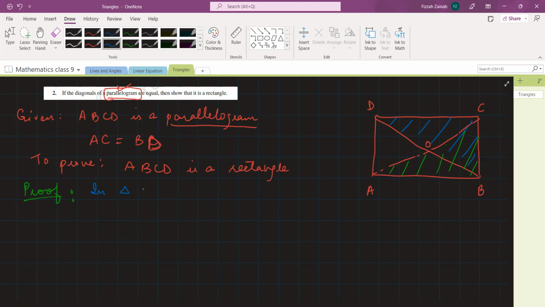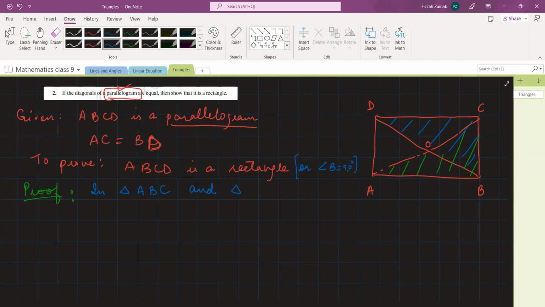So in triangle ABC and triangle, okay, you can write to prove ABCD is a rectangle, or for your understanding, you can write that angle B is 90-degree.